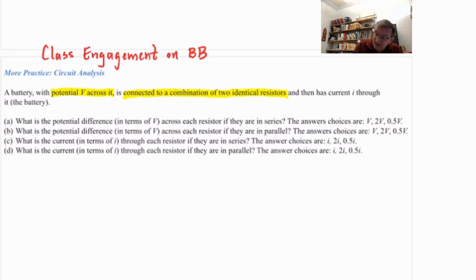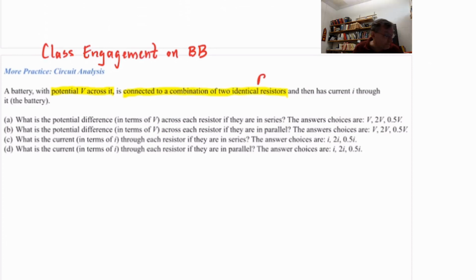Let's say their resistance is each R. And there's current I through the battery. Okay? Then we've got some cases to consider here. First, A, what is the potential difference in terms of the V across the battery for each resistor if they are in series?